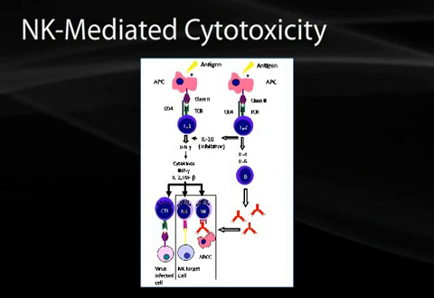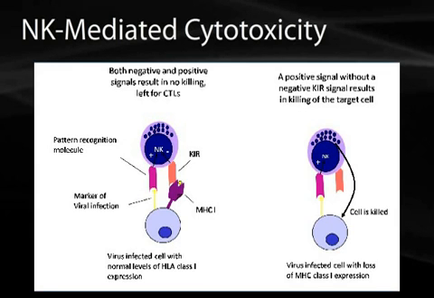So NK cell-mediated cytotoxicity is another way that cell-mediated immunity can destroy cells. With NK cells, remember that one of the things they go around looking for is the expression of MHC class I. There are actually two different types of signal receptors that you see in NK cells. Over here on the left, we have pattern recognition molecules and what we call KIR, or killing inhibitory receptors.